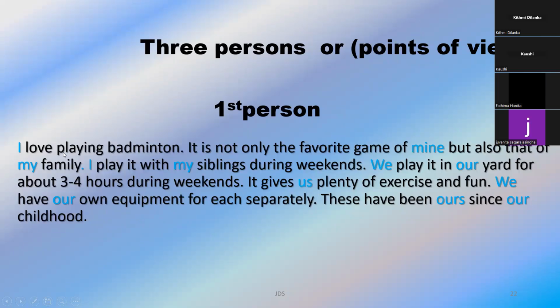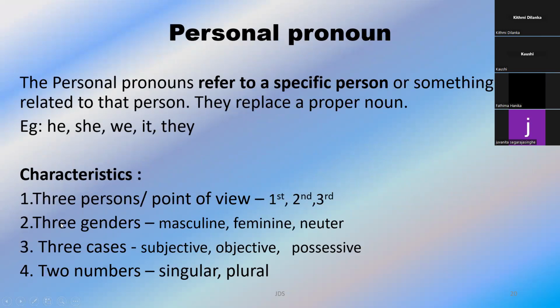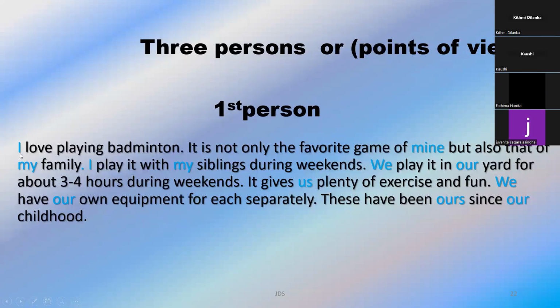Now, I, my, mine, all these words that are given, they are pronouns. Now you have to mention in terms of these, the characteristics, what they refer to, right? So now when it comes to I, it is a first person subject pronoun.